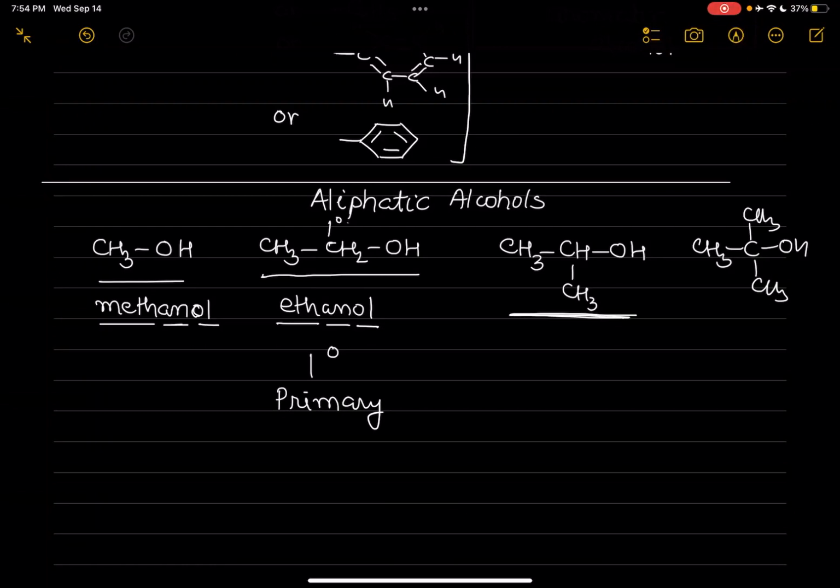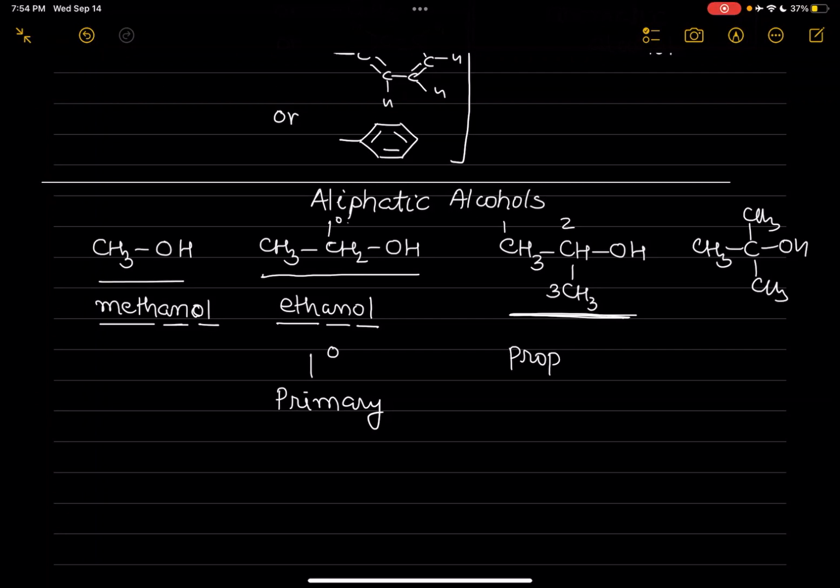Now this is propanol. First of all, you need to select the longest chain. We discussed that the longest chain is selected. It has 3 carbon atoms, so prop. But the longest chain may not always be straight; in questions, sometimes you have to move down and check how many carbon atoms are continuous.